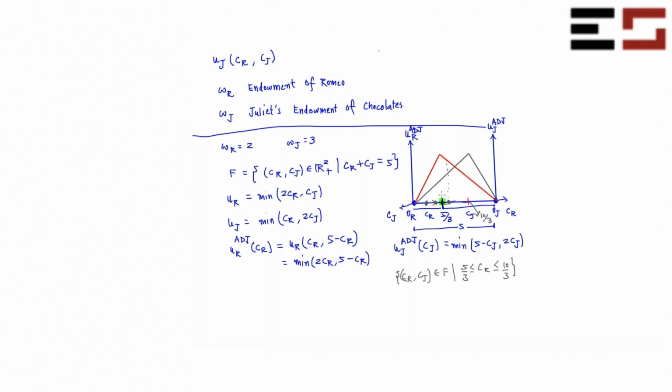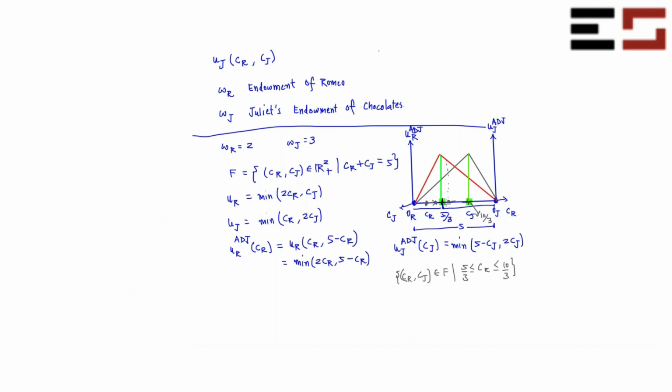If you let Juliet decide, out of these 5 chocolates, how many chocolates Romeo should consume and how much she consumes for herself, she'll say, I want 5/3 units of chocolates, and I would want Romeo to consume 10/3. So you can see what is going on here. Romeo wants Juliet to consume more, Juliet wants Romeo to consume more. And that's where these peaks are. This is Juliet's peak, and this is Romeo's peak.